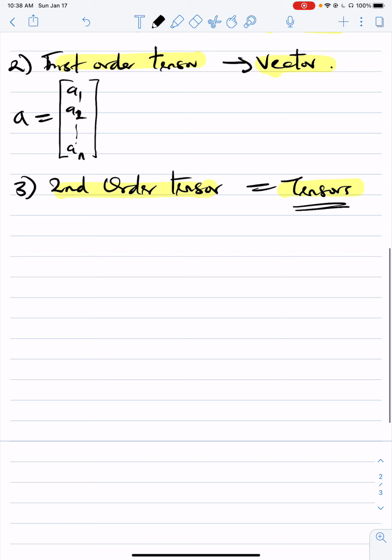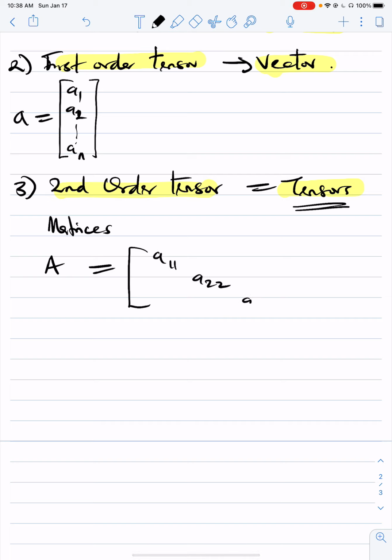Now, your second order tensors are basically your matrices. It could be anything, it could be T, it could be A, right? A equal to A11, A22, A33, A123, A221, A312, A331.